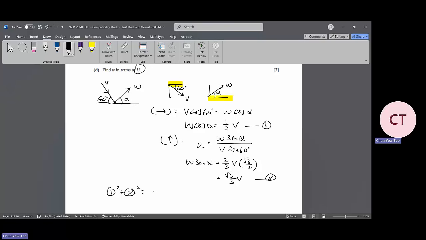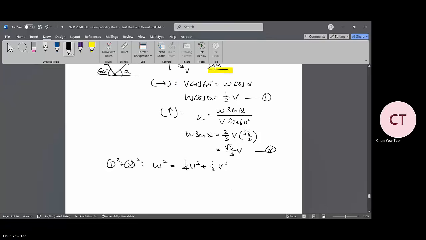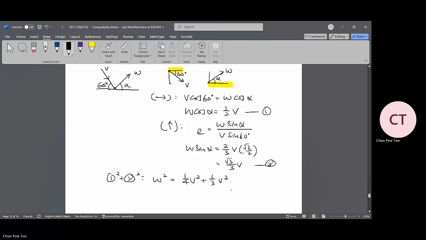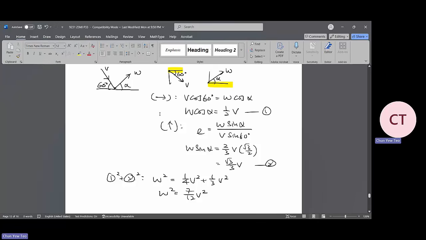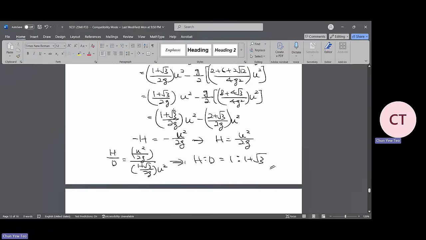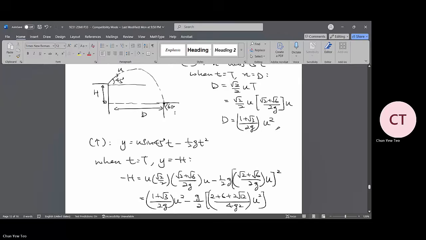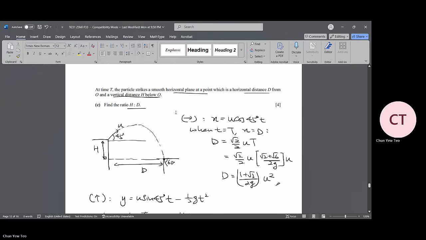You will get W squared is equal to 1/4 V squared plus 1/3 V squared. So you will get 7/12 V squared. But we do not want V squared, we want in terms of u. So we need to find the V.